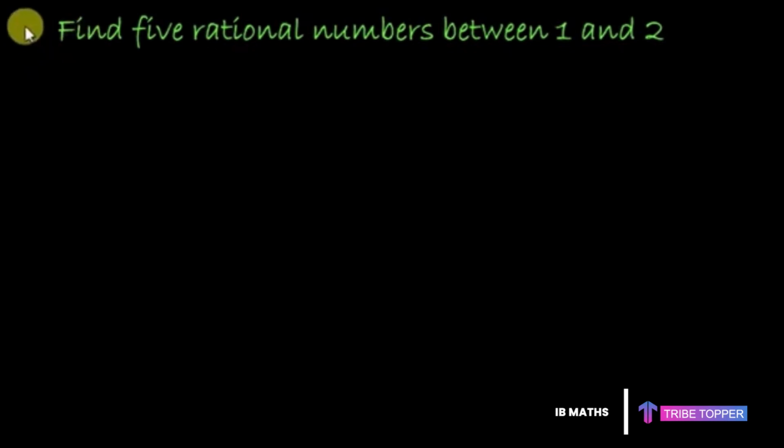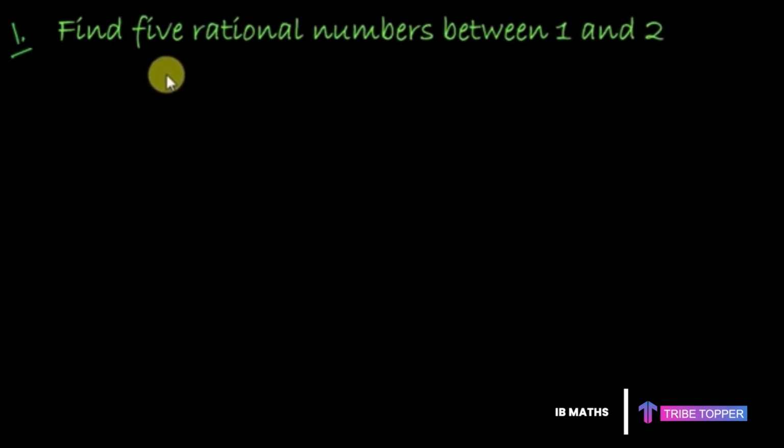So I have the first question, find 5 rational numbers between 1 and 2. Now since our question demands 5 rational numbers, I would prefer to express 1 and 2 in terms of ratios with 6 in the denominator.